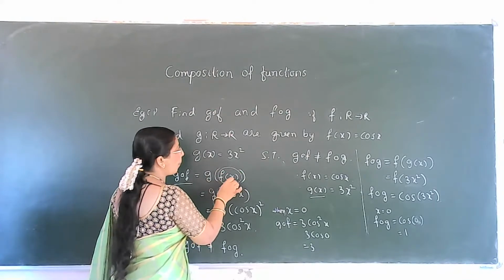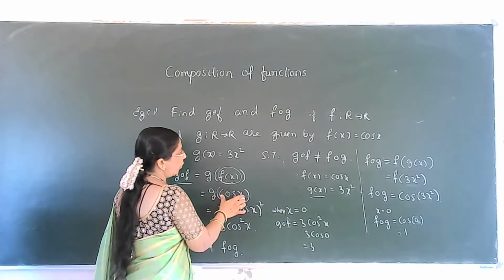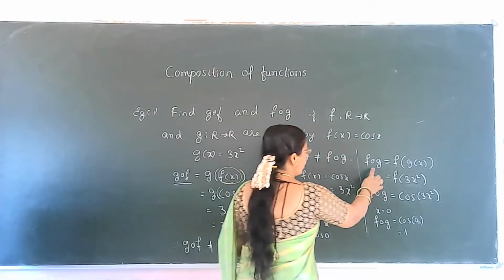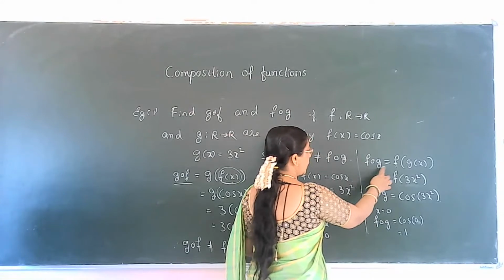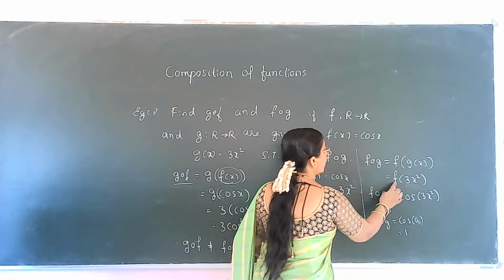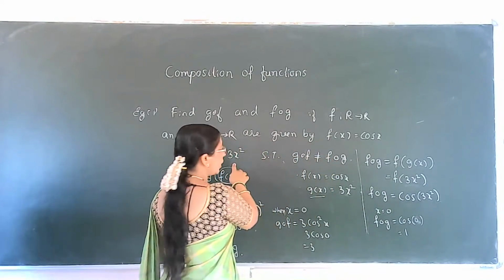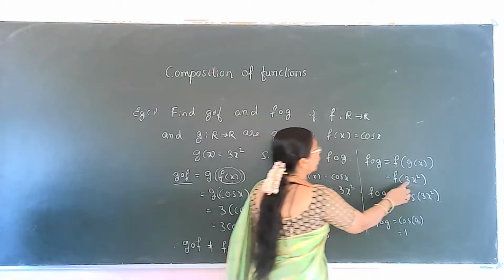Put the value of f of x here. Which is the f of x? It's cos x. Here, f composition of g is f of g of x. Here, g of x is 3x square.